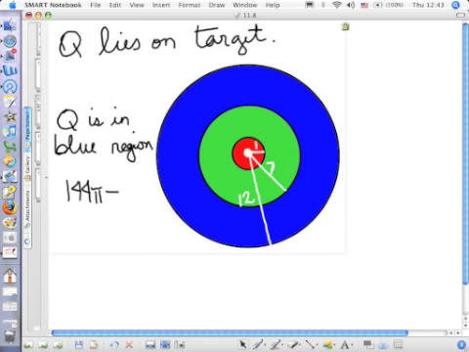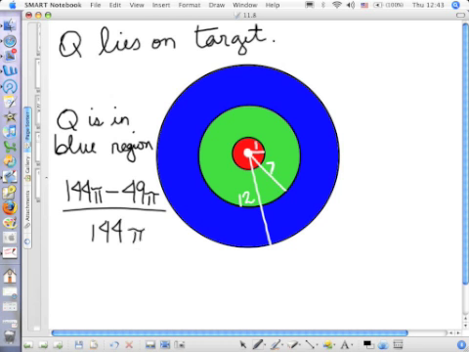Well, when I find the area of this green circle, doesn't that already include the red? Yeah, it's 49. So I don't have to take out the green and the red. The red is in the green. So I'm just taking this out, which is 49 pi. And then I divide by the whole target, which is 144 pi.